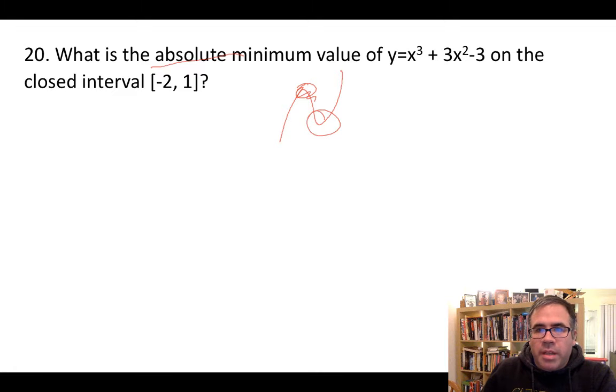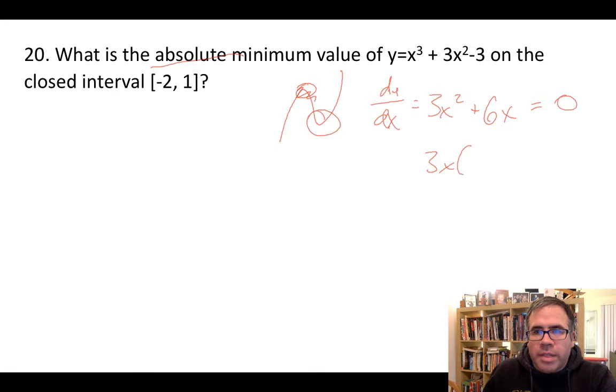So to look for relative minima, we'll take the derivative. dy/dx equals 3x squared plus 6x. We set that equal to 0, which means we have 3x times x plus 2.